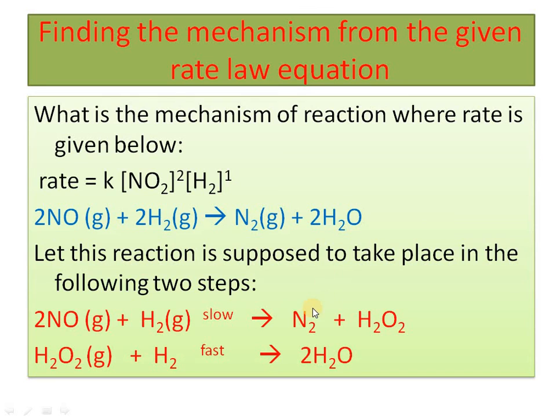So from these two reactions we can form the mechanism. Nothing else is there, this is very easy. The only thing we have to check thoroughly is the rate law equation, accordingly, because this comes from experimental data.